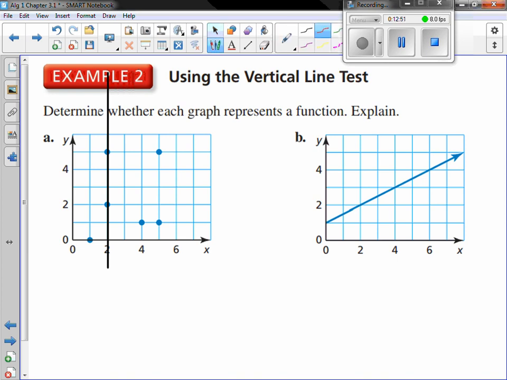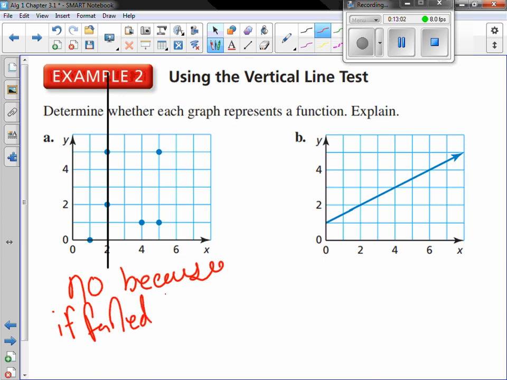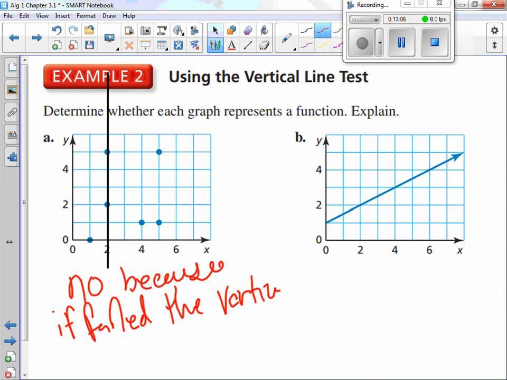So as a function? No, because it failed the vertical line test. Yes? Because it crossed more than one spot.